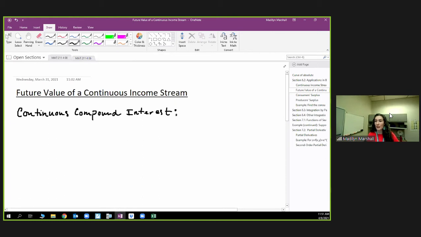So this is going to be a thing where e is really doing its thing. So continuous compound interest has this formula.